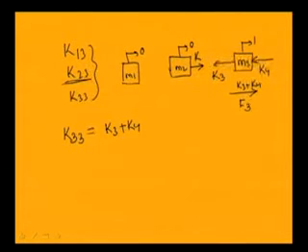As there is no motion of masses m2 and m1, the spring K2 will not exert any force. So, the total force acting on mass m2 equals K3 towards the right. The force required to have this motion will be in the opposite direction, and this is F2, and this F2 equal to K23. So, K23 equal to F2 equal to minus K3.